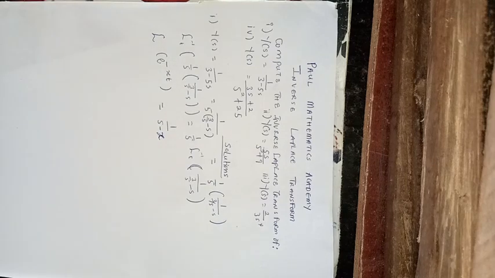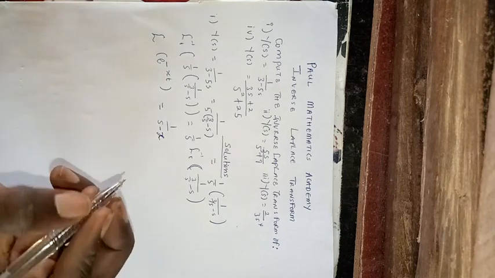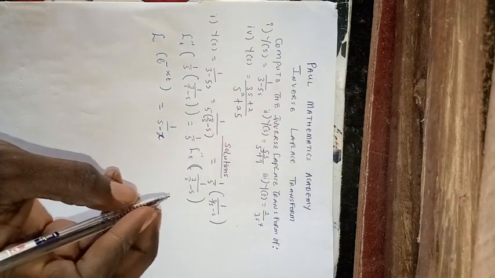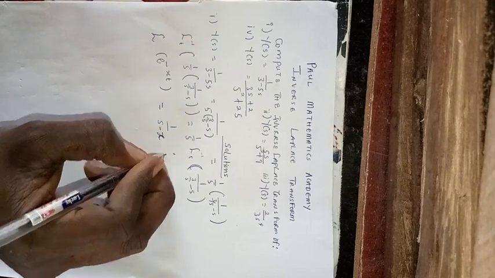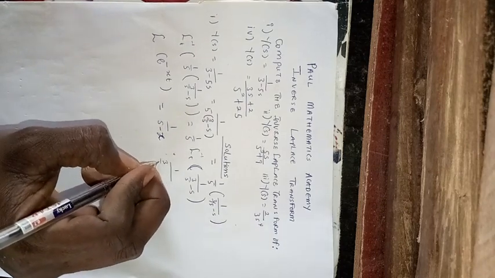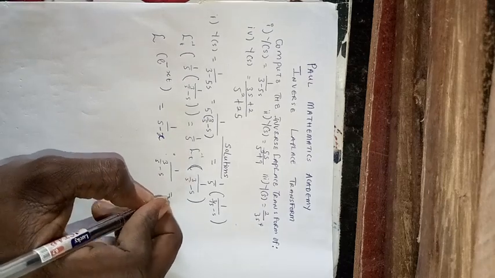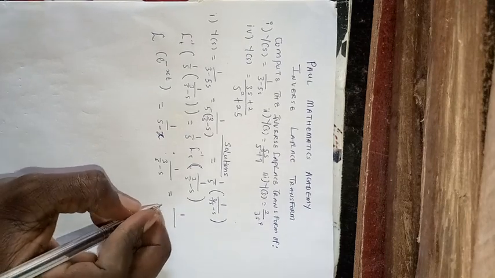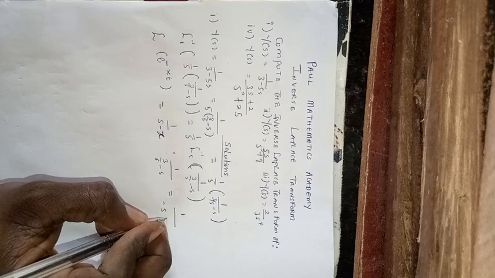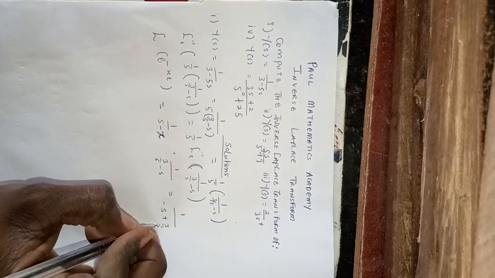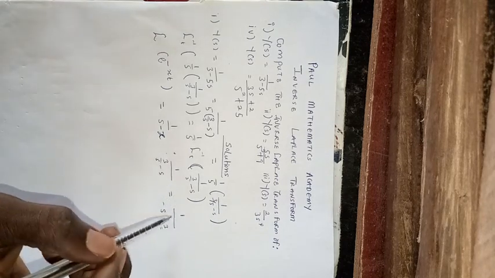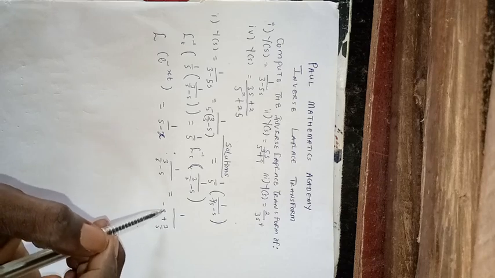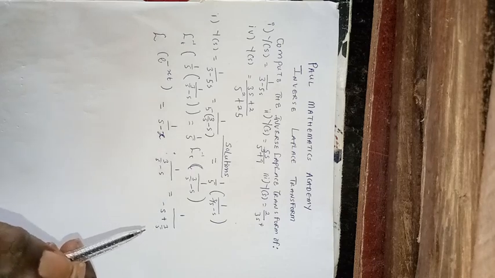Now let's do the manipulation. So now I can rewrite 1 over 3 over 5 minus s as 1 over minus s plus 3 over 5.